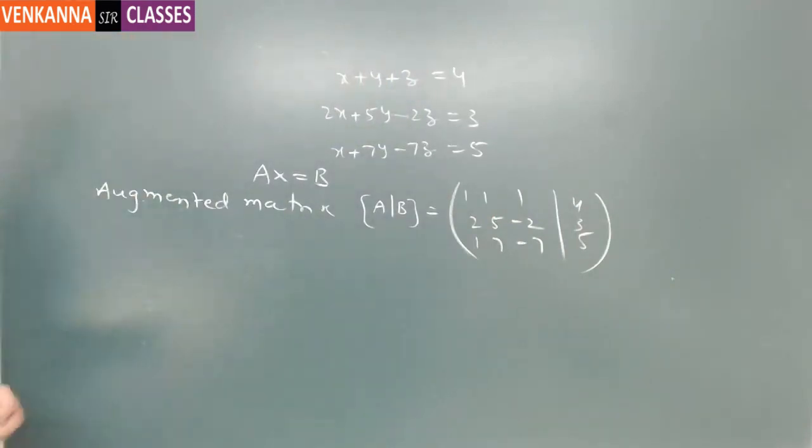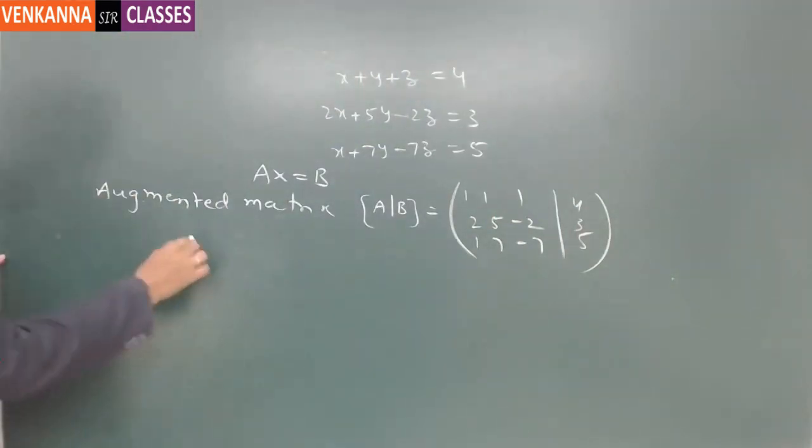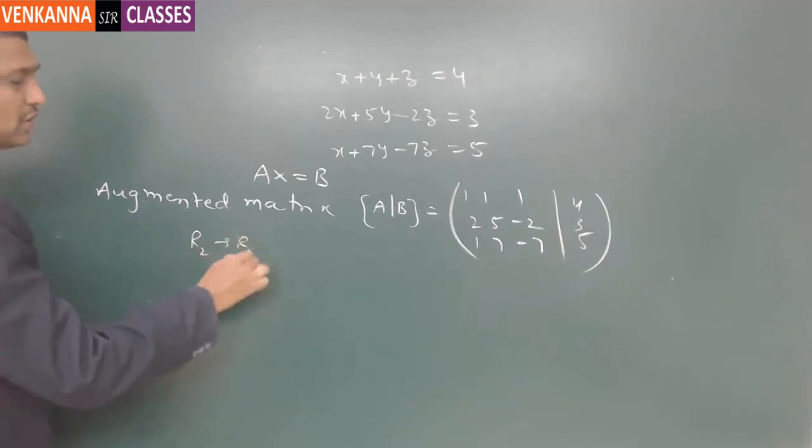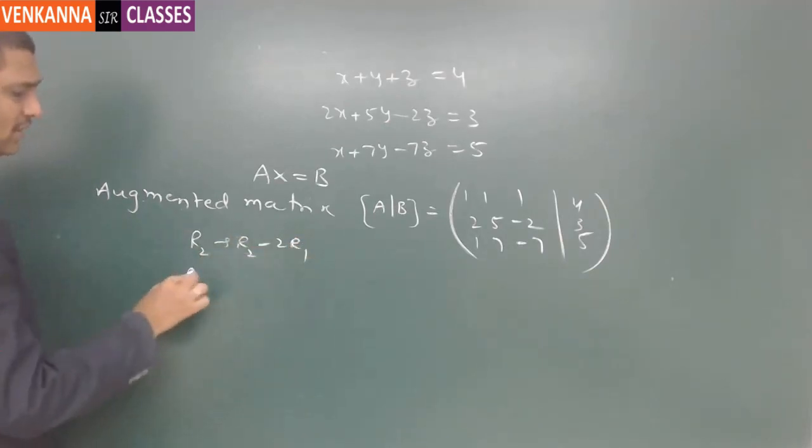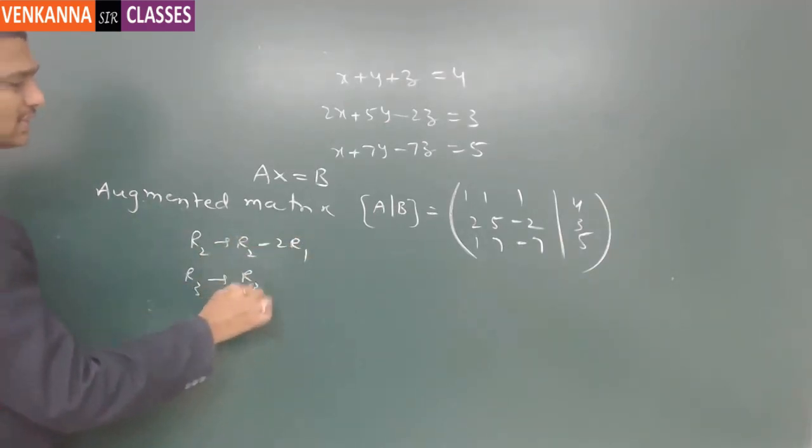Now let us apply the respective row operations here. So R2 tends to R2 minus 2 R1, and R3 tends to R3 minus R1.